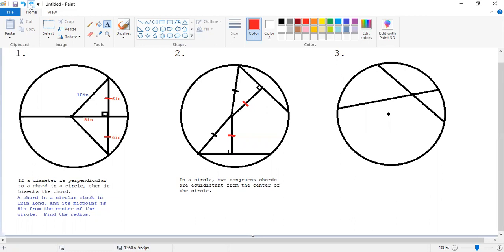So first off, we know that the radius should be equal, right? Because the radius is going to be the same distance all through the circle. So we know those are congruent. Next, we know that these two angles must be congruent, right?